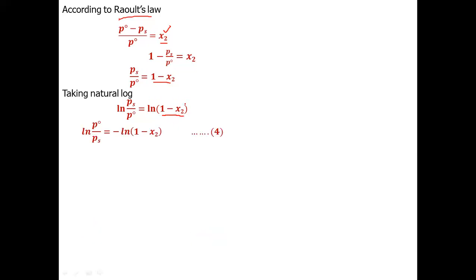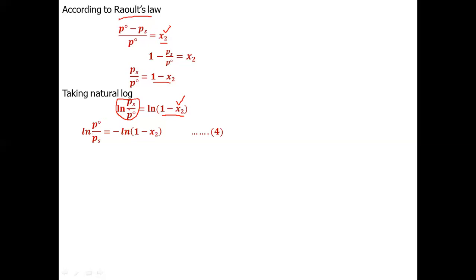Now you can see that we have involved X2 in relation to ln Ps by P naught. Now for ln P naught by Ps, taking the reciprocal, here it is Ps by P naught. If we take the reciprocal, we will get a negative sign.